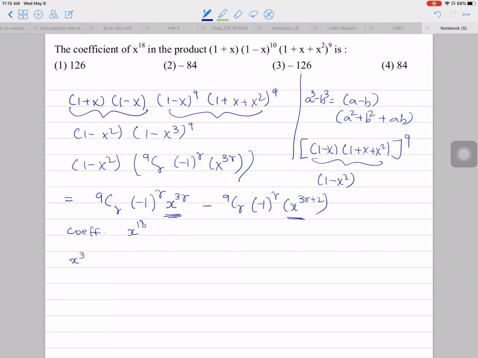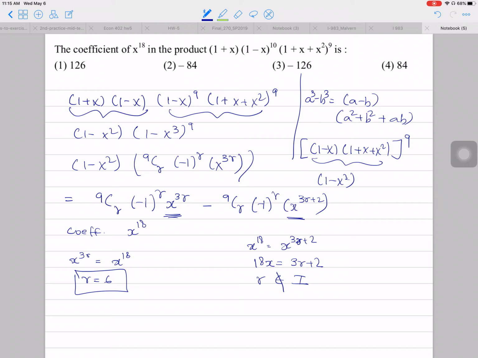So if we equate it, from here we get r equals 6. And from this side, we get 18 equals 3r plus 2. Here, r is not an integer. So from this side, we don't get any coefficient of x to the 18.